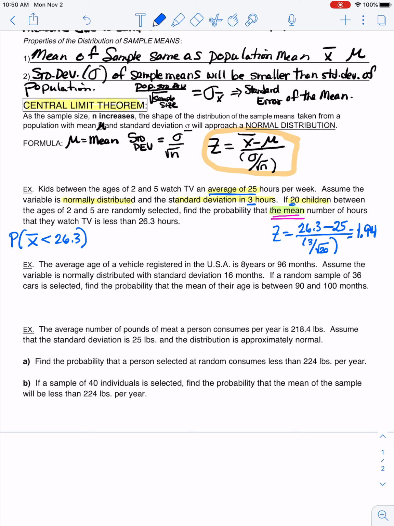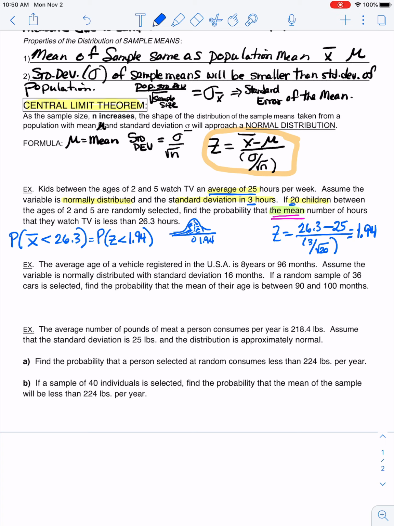Okay, so now we're thinking, all right, we want the probability of z less than 1.94. If I do a quick sketch in here, we're over here, 1.94. We want to be less than, so we want this and this.